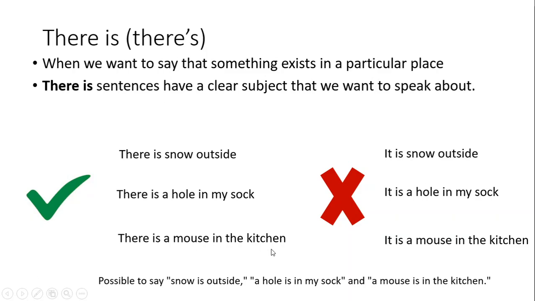So, in this example, there is form is more appropriate, right? So now let's move to it is. Yeah, as I mentioned before, we use it when the sentence has no subject.